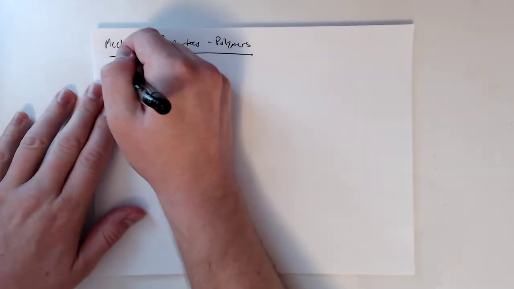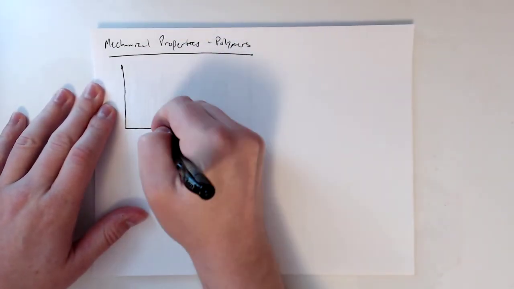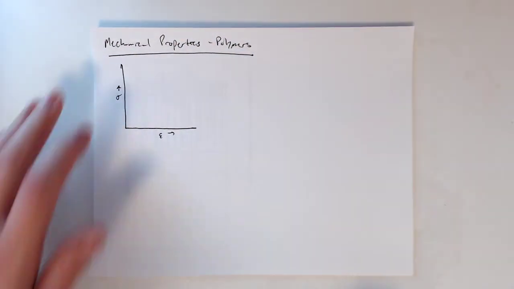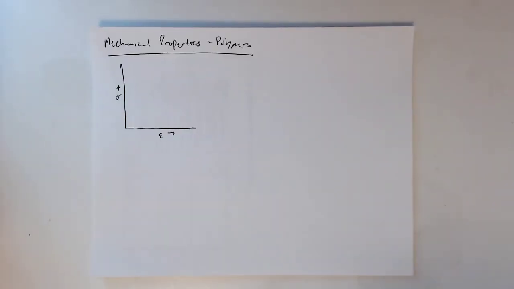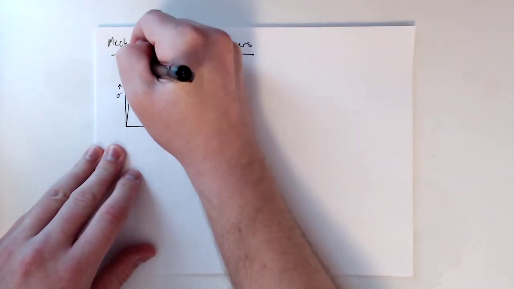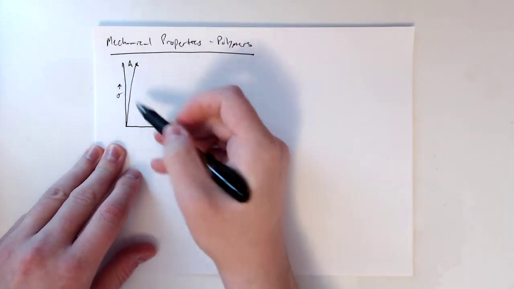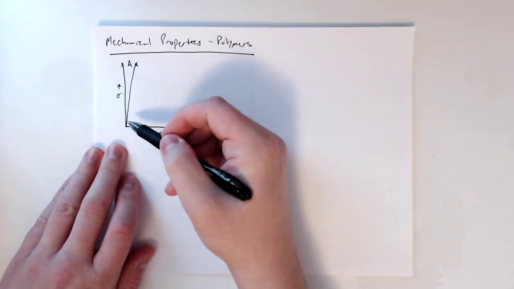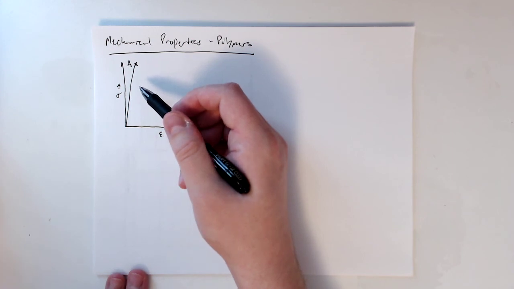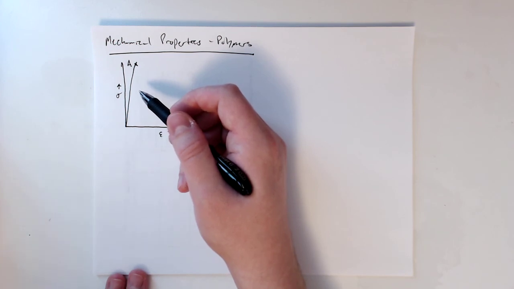So the first thing is just to talk about the general types of stress-strain behaviors that polymers exhibit, because there's a pretty wide range. The first one is something like A here. This looks pretty familiar to some of the other stress-strain behaviors that we see, for example ceramics or glasses or some brittle metals.